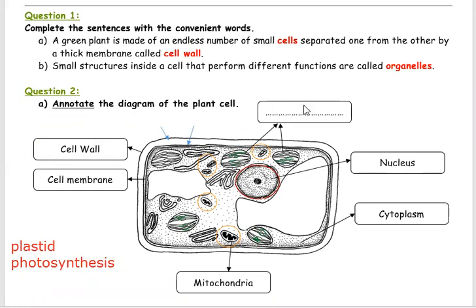So we will call them chloroplasts. Chloroplasts are a type of plastid. Yes, I said it right.